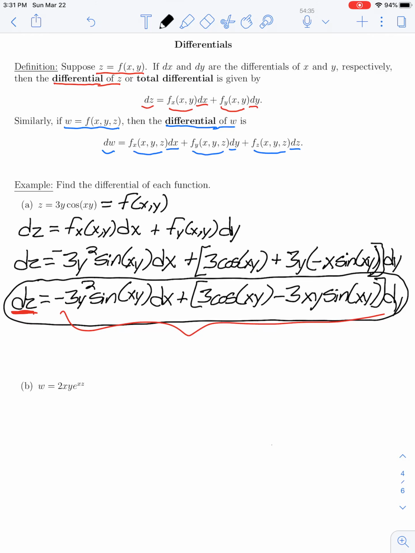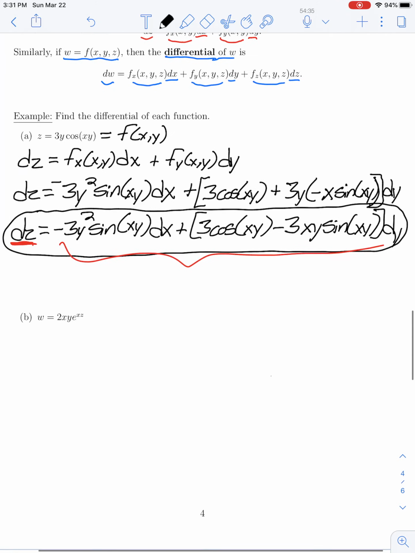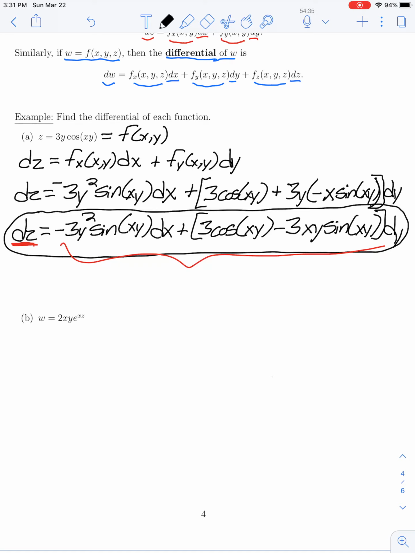So in our next example, we have a function w, which is 2xy times e to the xz. So this is a function of 3 variables, f of x, y, and z, and we are asked to find the differential, or total differential.